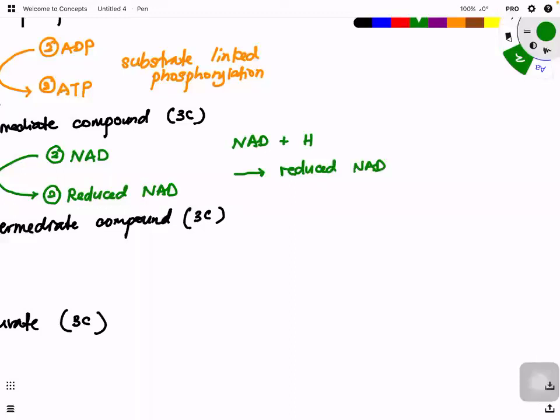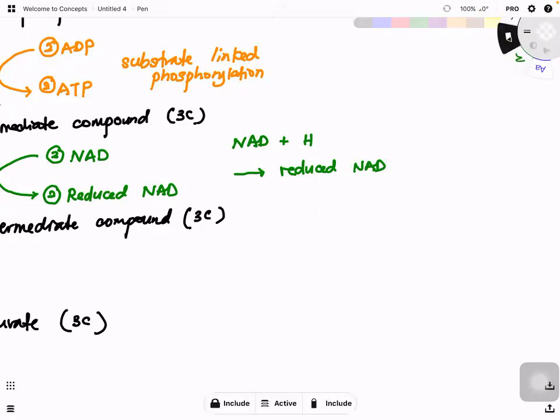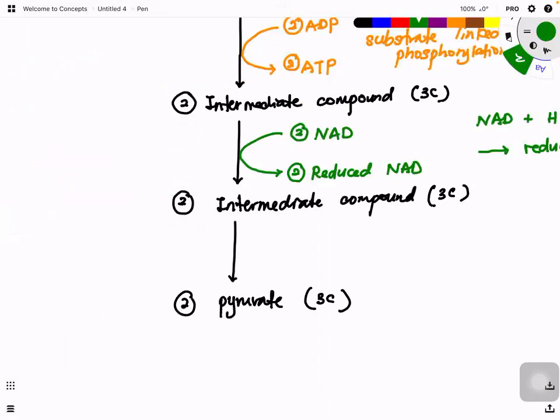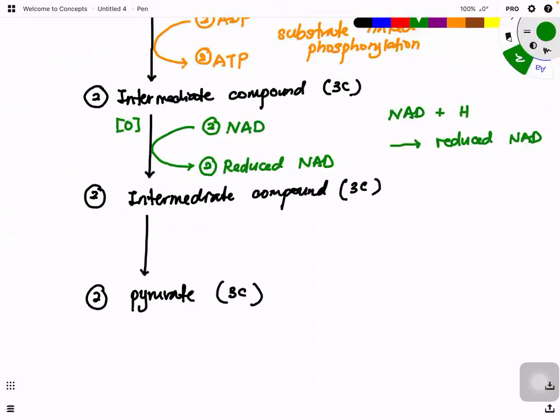So this is actually a process of oxidation and reduction. Can you see that? Oxidation and reduction. Why do we say this? Because the intermediate compound is oxidized, and NAD to reduced NAD is reduction. So it's a redox reaction. When is there oxidation? When the intermediate compound is oxidized. Where is the reduction? When NAD is reduced to reduced NAD. So reduction takes place on the NAD because NAD is an oxidizing agent.